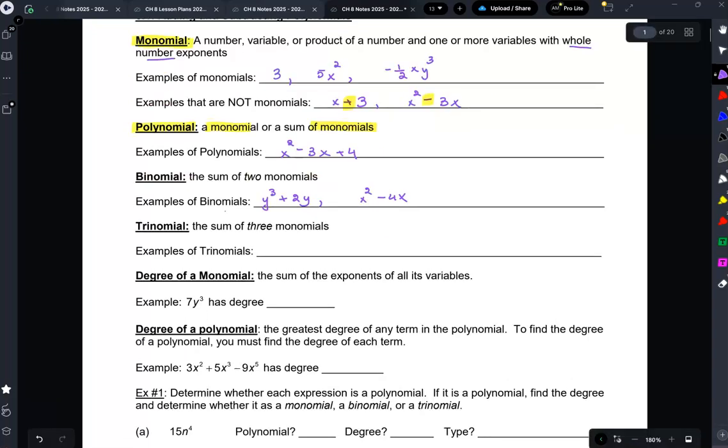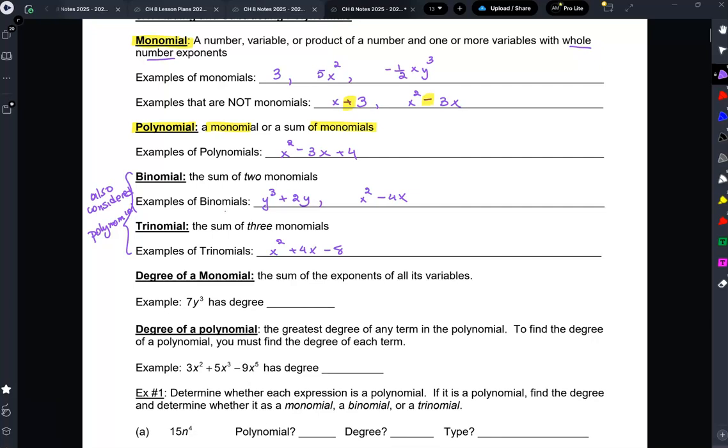A trinomial is the sum of 3 monomials. So for example, x squared plus 4x minus 8. All of these are considered polynomials. It's just that the special cases when you have 2 or 3 terms have special names, okay? So both of these are also considered a polynomial.